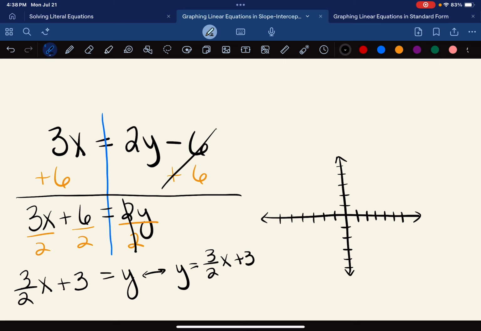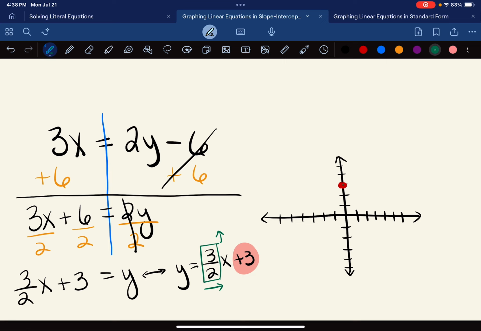And here, of course, we can see that our y-intercept is this positive 3. So let's plot that, positive 1, 2, 3. And our slope is this 3 over 2, which means we're going up 3 and right 2. So I start here and I go, oh, I only have 2 steps. My coordinate plane, I don't have enough paper here.